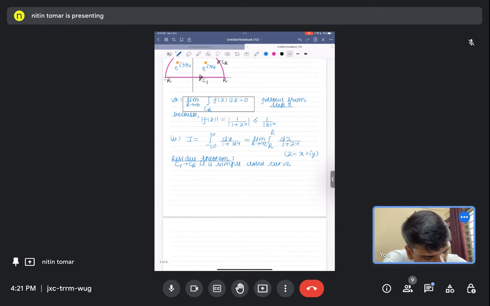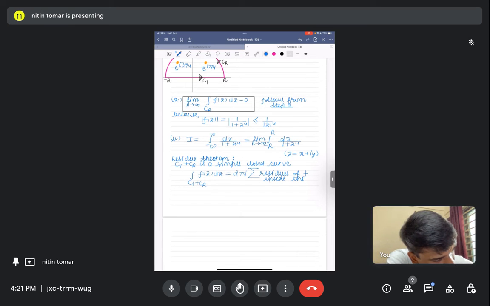The residue theorem: the integral over C1 plus CR of f(z) dz, this will be 2 pi i times the summation of residues of f inside this curve C1 plus CR, right?